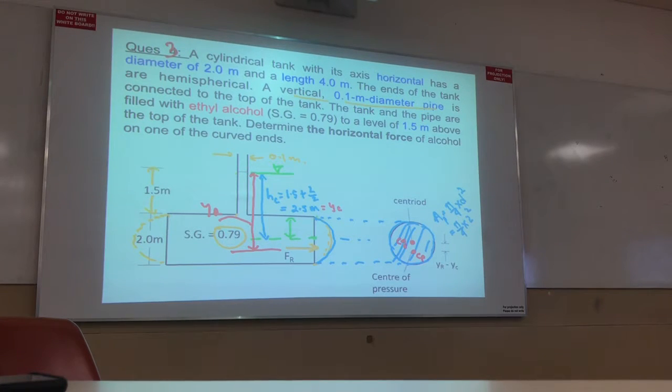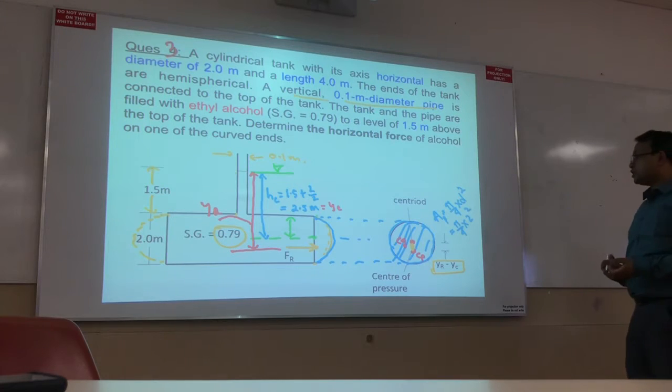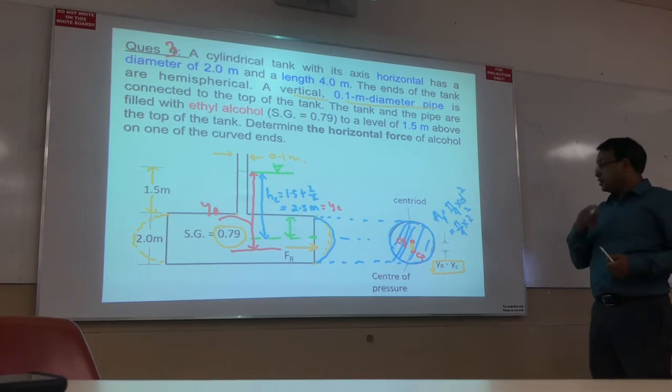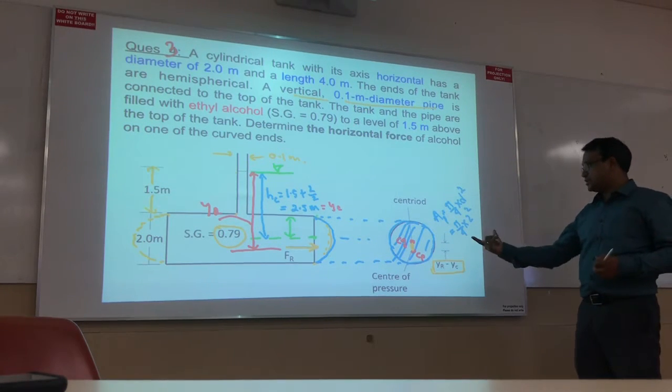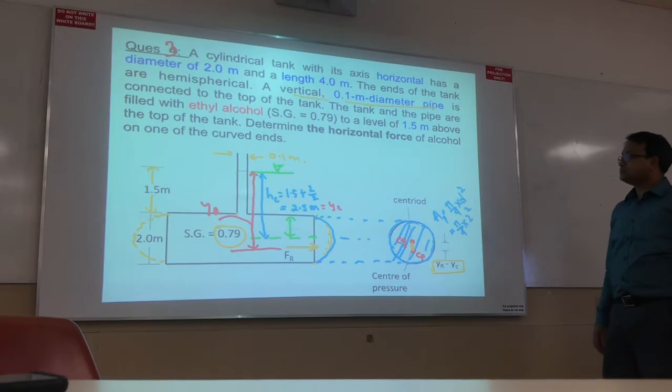The distance from here to here is YR minus YC. Then they can tell you where is the location of the center of pressure. Then you can say the distance between the centroid and the center of pressure is this number. Okay?